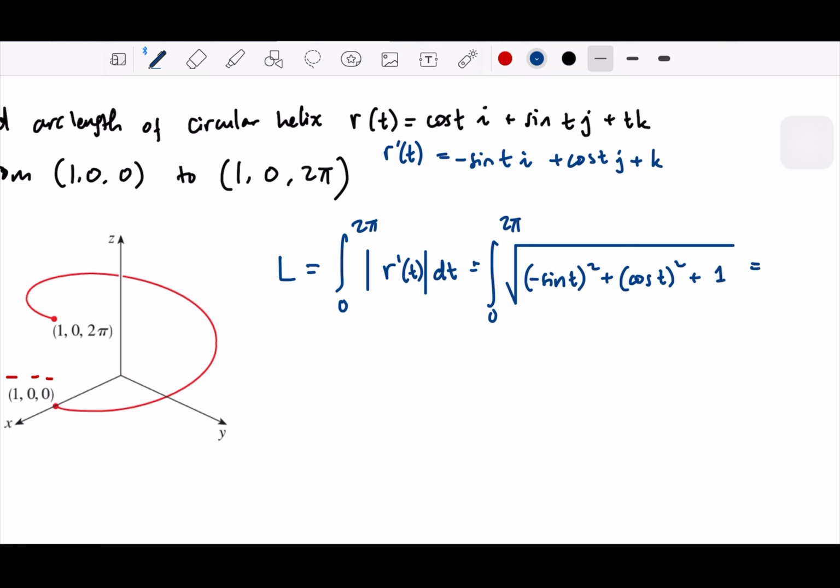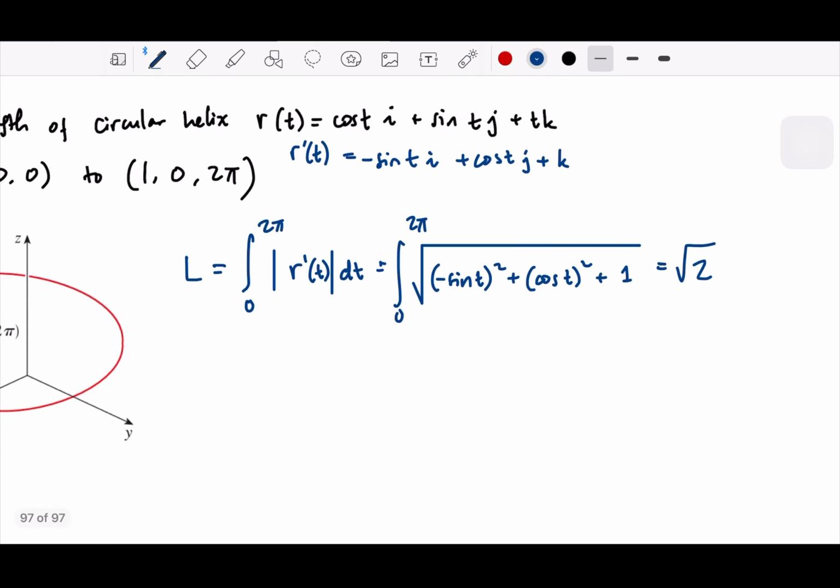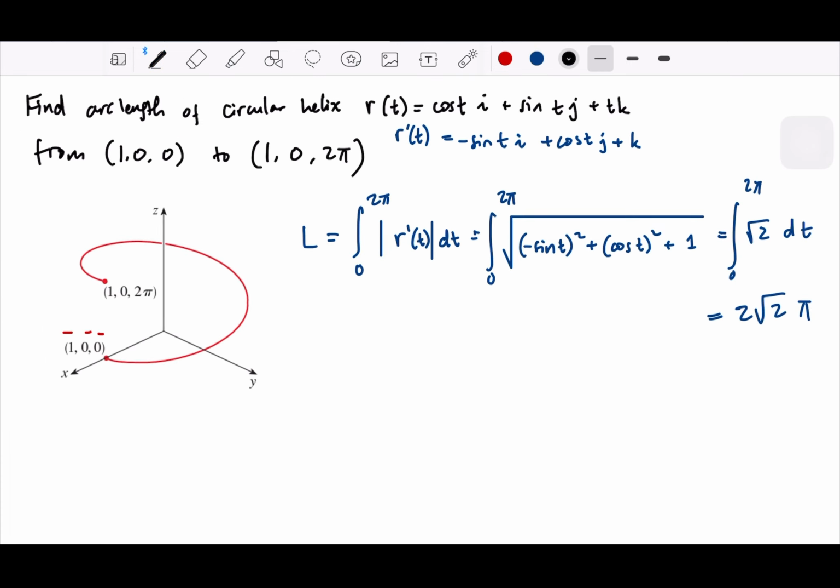Then we see that its magnitude is going to equal the square root of 2. So this will be 2 square root of 2 pi. Okay, I think just a simple question.